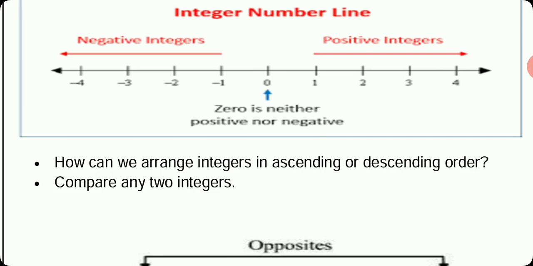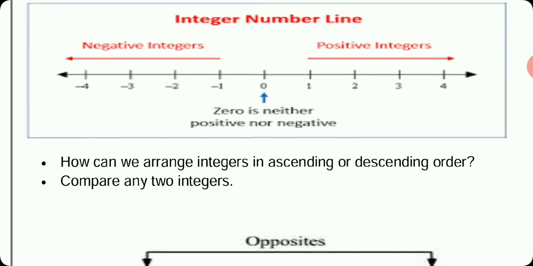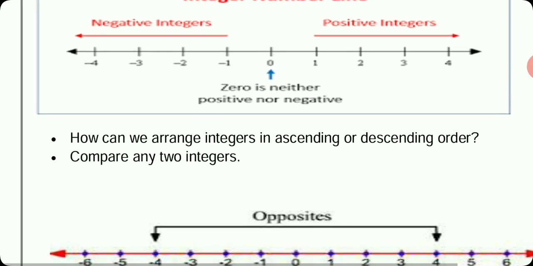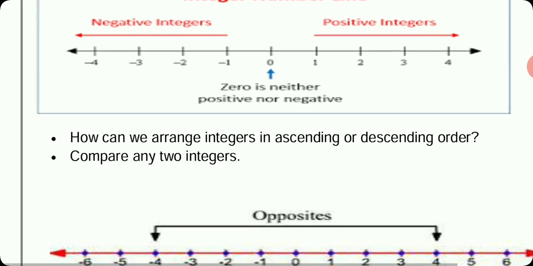So in this way you can say which one is greater and which one is smaller. When we compare two integers, it will be easy for us to arrange these integers in ascending or descending order. Already we discussed this in the previous class, so there will not be any problem.